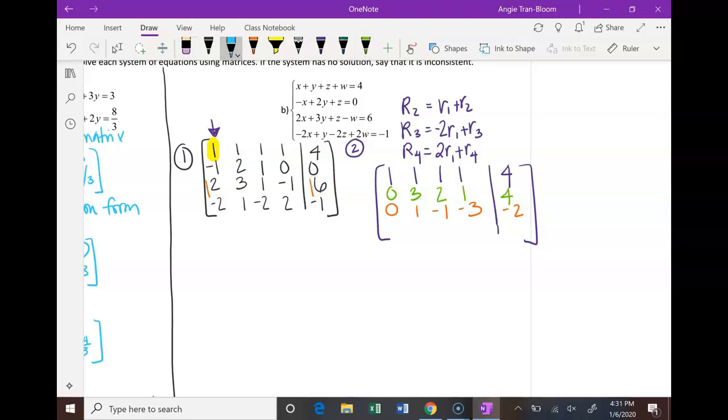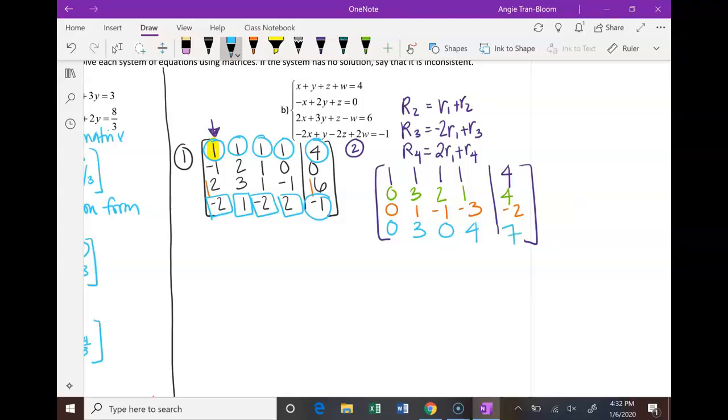Blue, okay. Next, I'm changing row 4. 2 times row 1, which is 2. 2 plus negative 2 is 0. 2 times 1 is 2, 2 plus 1 is 3. 2 times 1 is 2, 2 plus negative 2 is 0. 2 times 1 is 2, 2 plus 2 is 4. 2 times 4 is 8, 8 plus negative 1 is going to be 7.